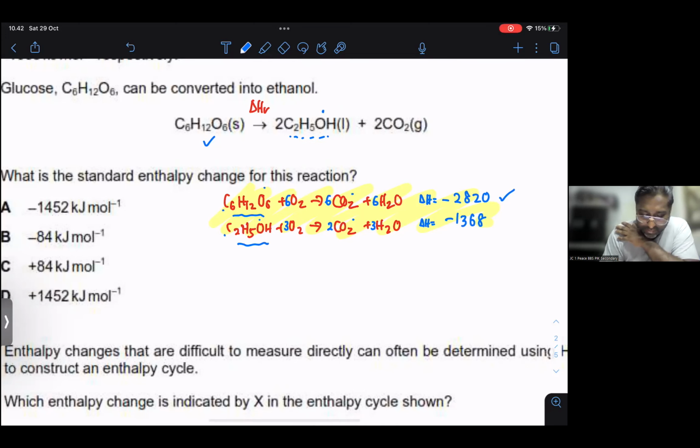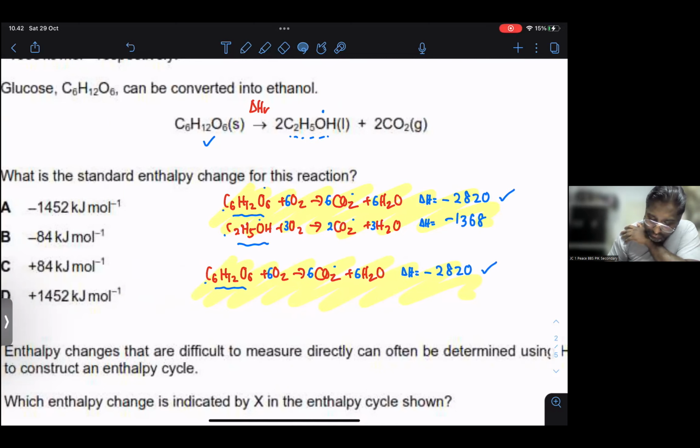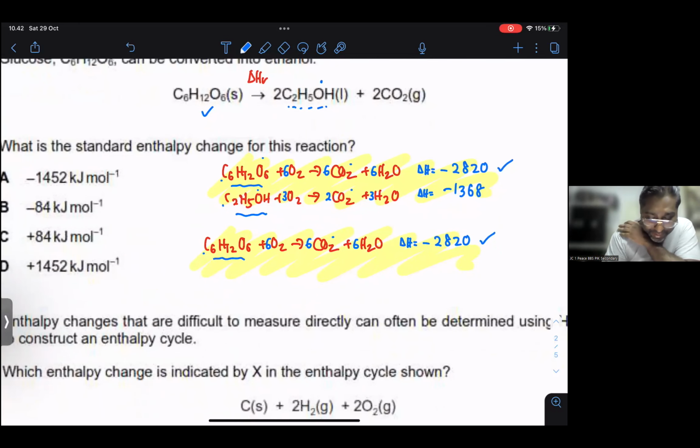But the problem is, I need the ethanol to be on my right hand side. So first of all, I will still use this equation, I put it here. But when it comes to ethanol, I need to bring it to the other side and times by 2.